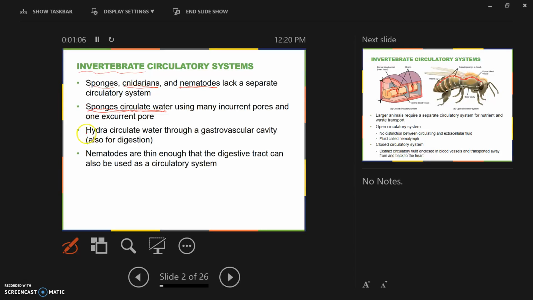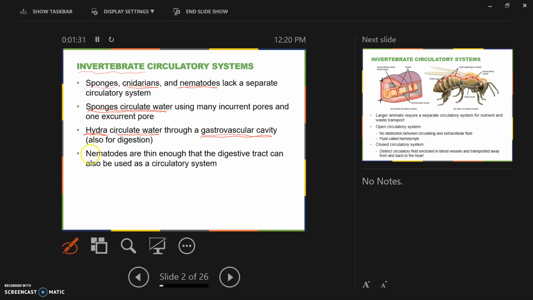And then hydra and other cnidarians, such as jellyfish and sea anemones, their circulatory fluid is also water instead of blood, and they circulate that water through a gastrovascular cavity, which functions as a primitive circulatory system as well as a digestive system.